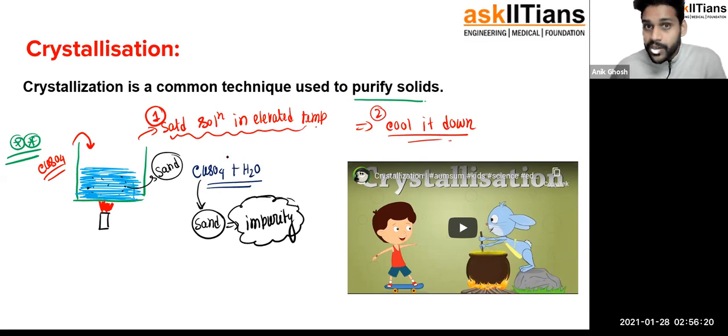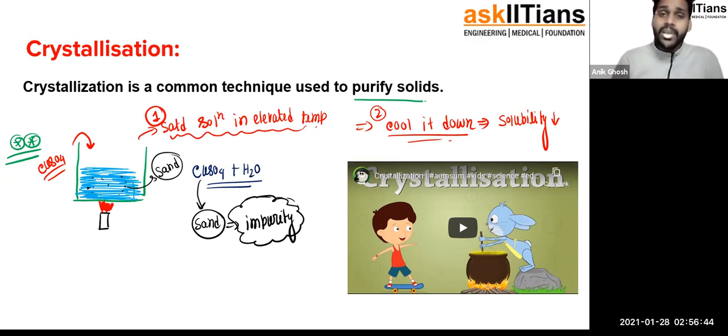If you cool it down, what would happen to the solubility? When you decrease the temperature for a salt solution like copper sulfate, the solubility would decrease, right? Decrease the temperature, solubility decreases. If you increase the temperature, solubility will increase.